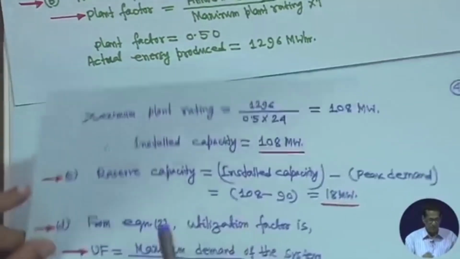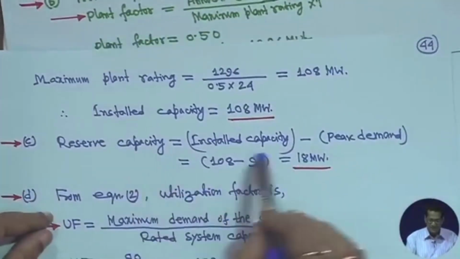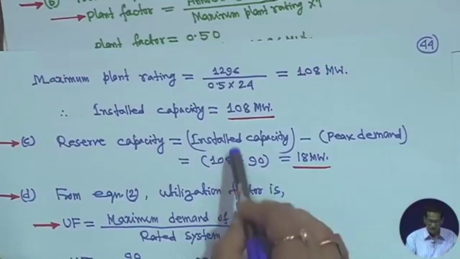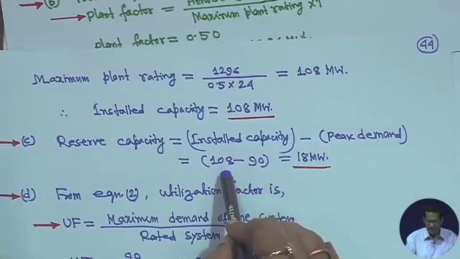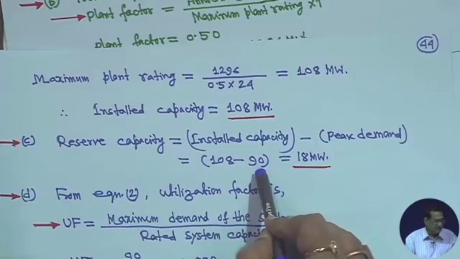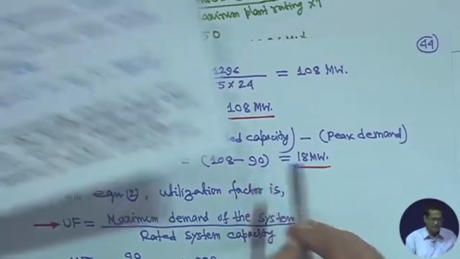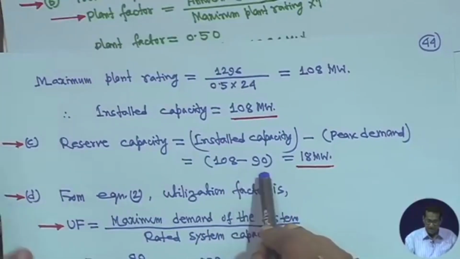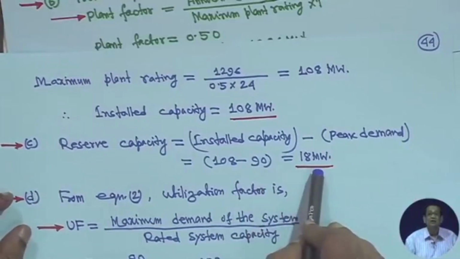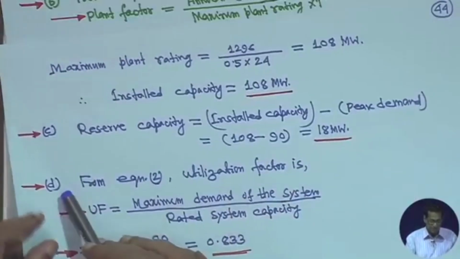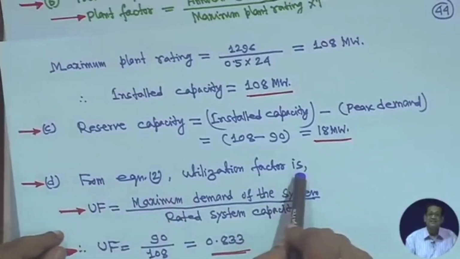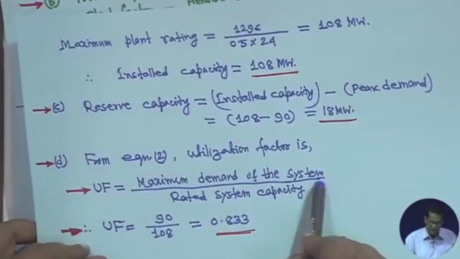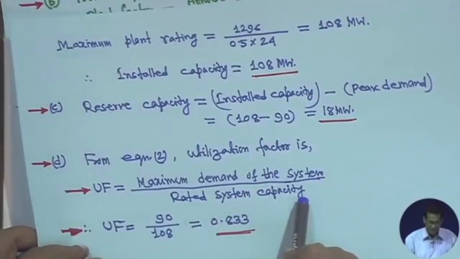Now part C, reserve capacity is equal to installed capacity minus peak demand. Installed capacity is 108 megawatt and peak demand is 90 megawatt, that is already given, right. Therefore 108 minus 90 is 18 megawatt, right. And from equation 2, utilization factor, UF, is equal to maximum demand of the system divided by rated system capacity.